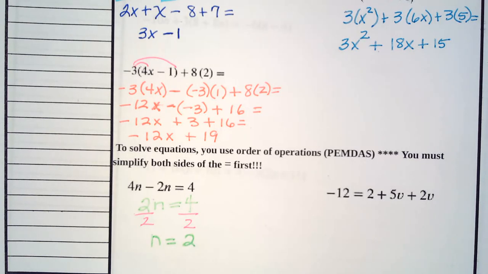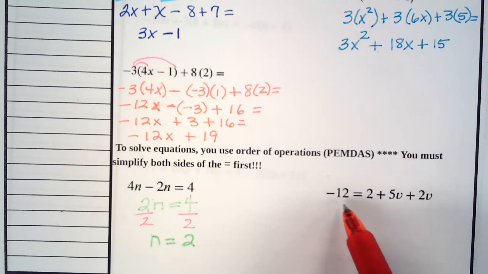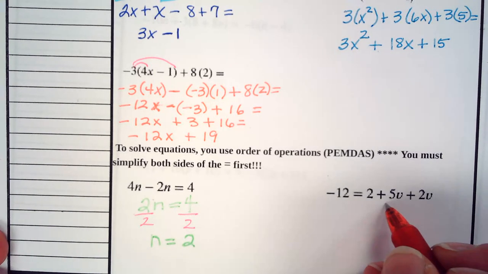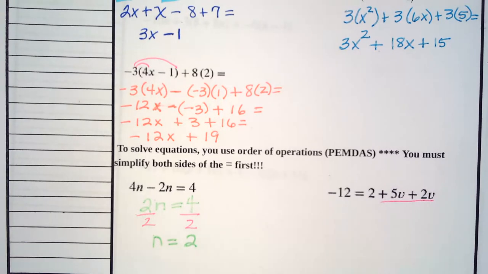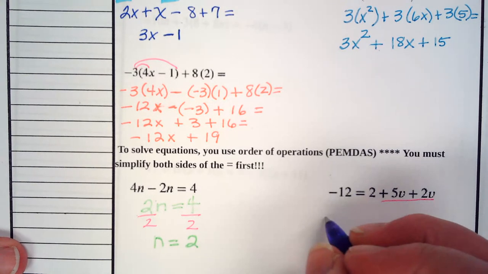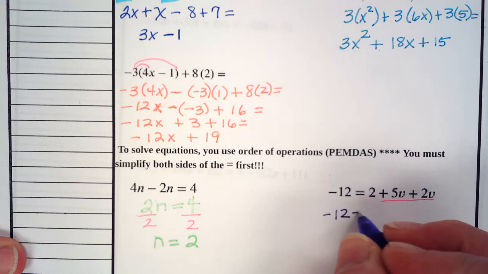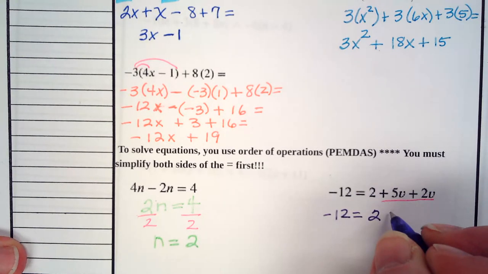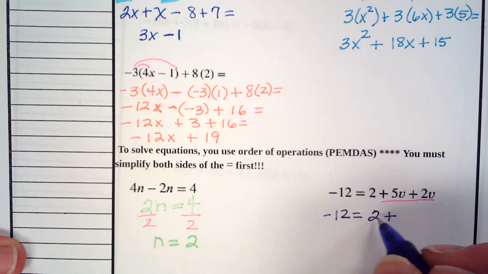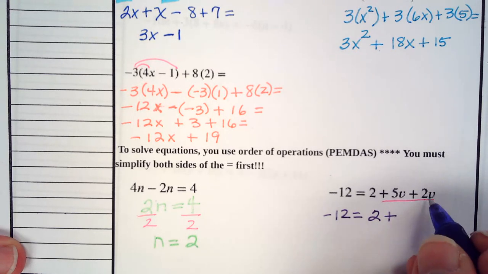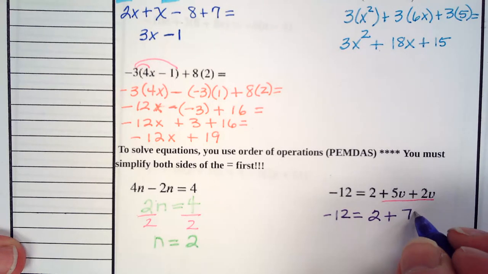For the next one, are both sides simplified? Is this side simplified? Yes. Is this one simplified? No. I've got 5v plus 2v. So, bring the negative 12 down. It will not change. Is equal to 2 plus, the 2 doesn't change. 5v plus 2v is 7v.